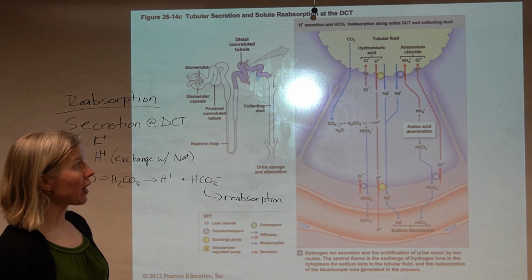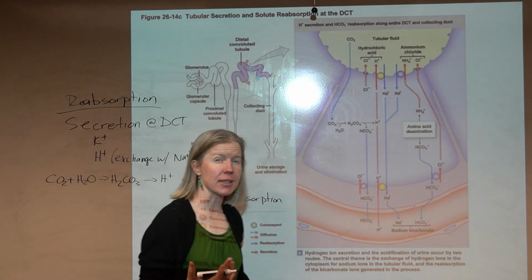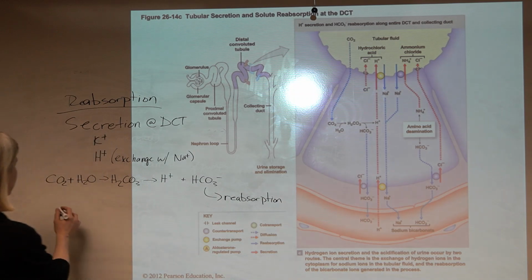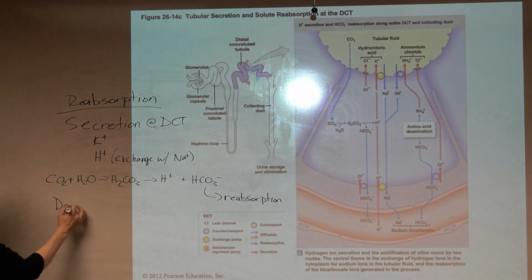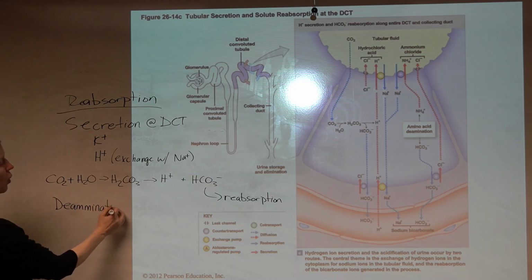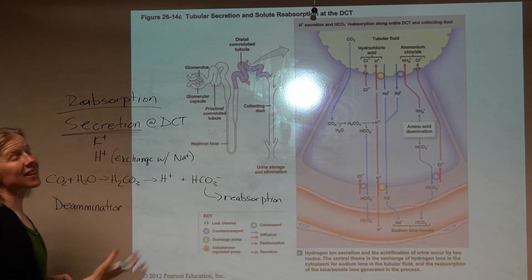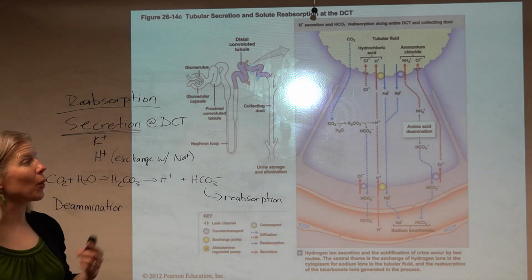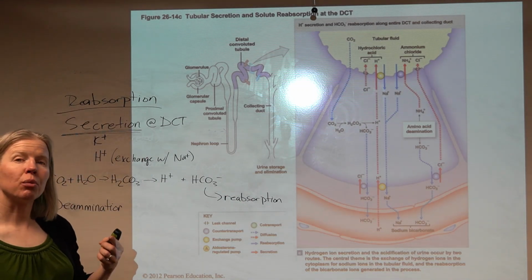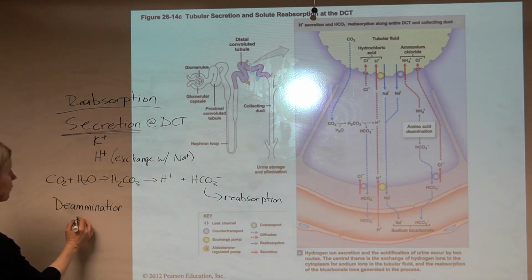The other thing that happens here in these distal convoluted tubule cells is the deamination of amino acids. So again, as we're thinking about secretion, we're trying to get rid of waste products. So in that deamination process, one of the byproducts is ammonia.